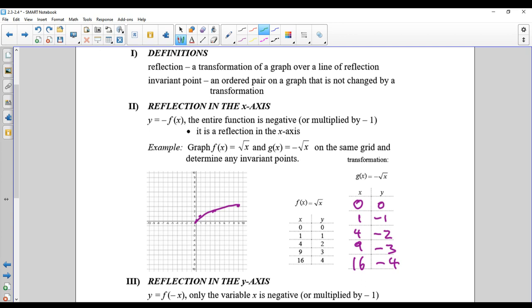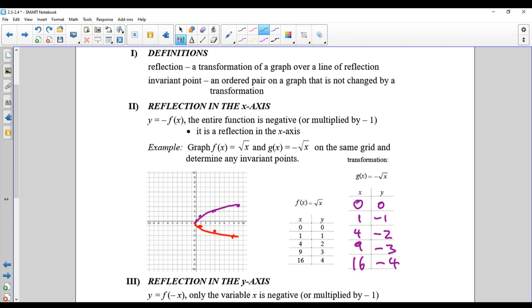So what does that look like on the graph? Well, you'll see when you graph it. Right? I'll put that in red. So 1, minus 1 is down here. 4, minus 2 is down here. 9, minus 3 is down here. It looks something like that. So everything on top went on the opposite side of the x-axis.